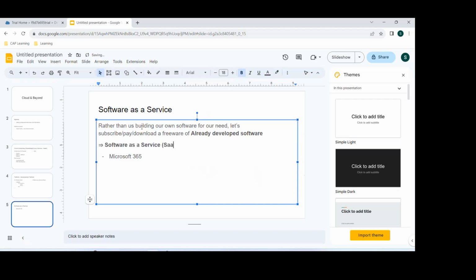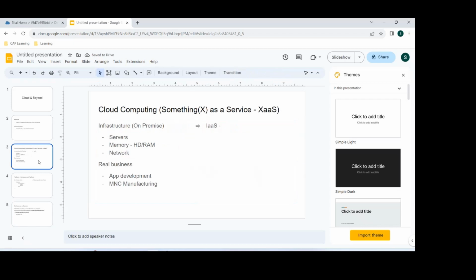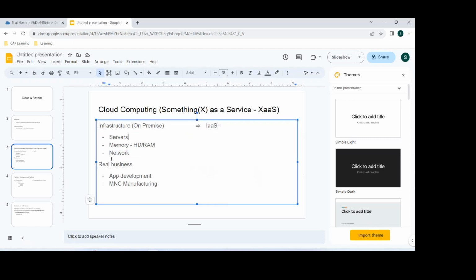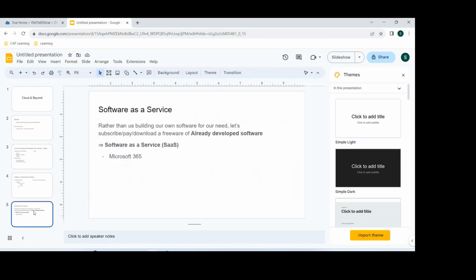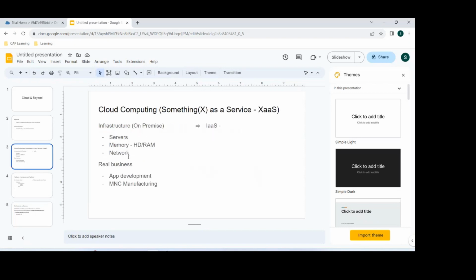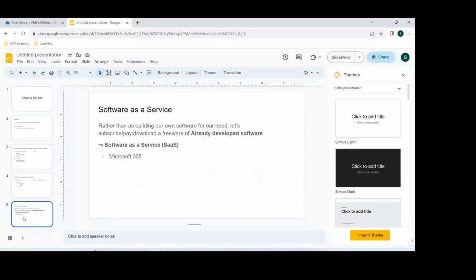So these are the cloud computing offerings. When you go with cloud computing, you are relieved of the headache of having things on-premise on your own: either handling an infrastructure, or, when it comes to platform, handling the operating system, its SDK, patches, fixes, and licenses, or, when it comes to software, rather than developing your own software, if there are things already provided, you can use those as a service, respectively infrastructure as a service, platform as a service, or software as a service.